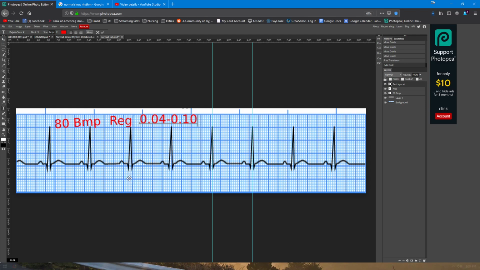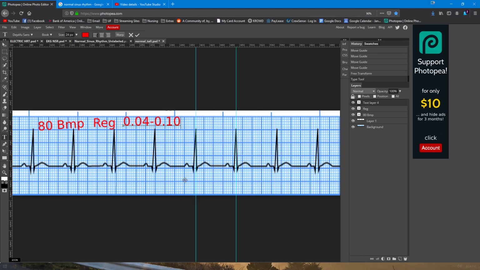So for this one, I don't want to zoom in too much, but for this one right here, we'll start it off right here roughly. You can see 1 box, 2 box, roughly 3 boxes. It's 0.12. Close enough to be called normal sinus rhythm, but for this exam, you need to know 0.04 to 0.10.